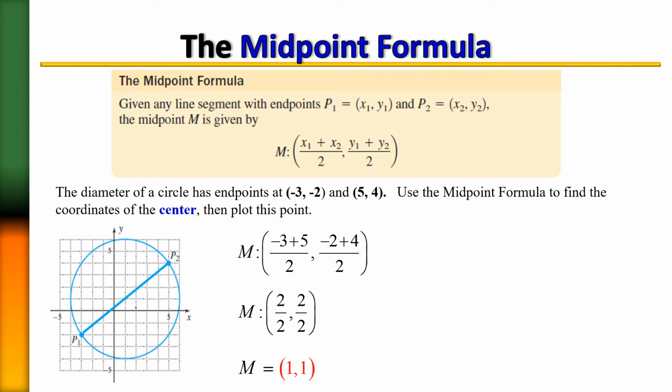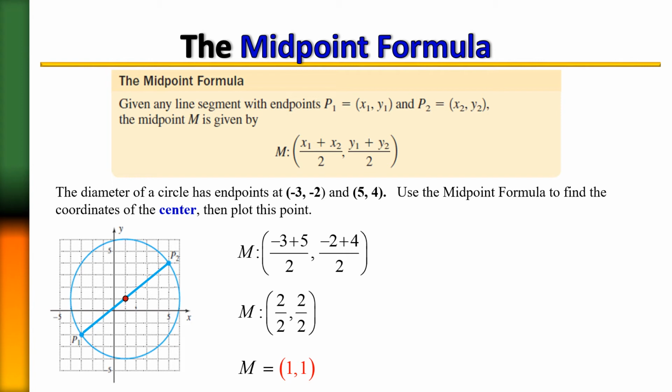at 1, 1. And if we go plot that over here on our rectangular coordinate system, over 1 and up 1, that is right in line with where the center of that line segment is. So we were asked here to find the diameter of that circle using those endpoints.